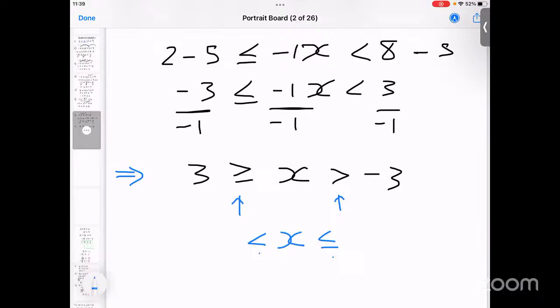Then it means you just swap. This 3 also goes to the other side, and then you are having negative 3 there. This 3 goes to the other side and then becomes a positive. So this one, it's like you are now saying Desmond is my name. No, my name is Desmond. This is Desmond is my name. This one, my name is Desmond.